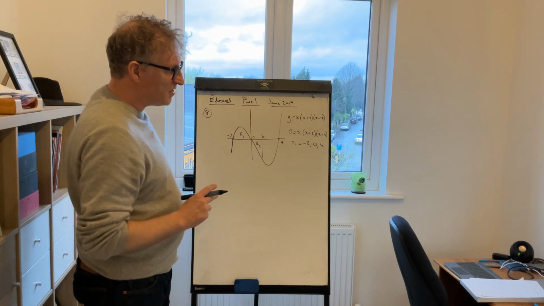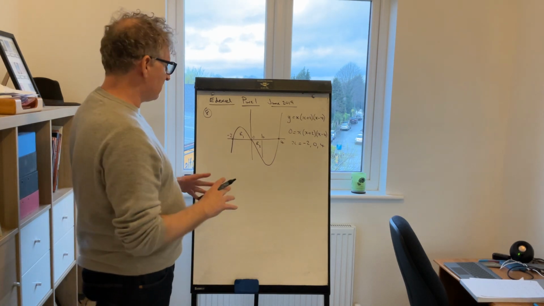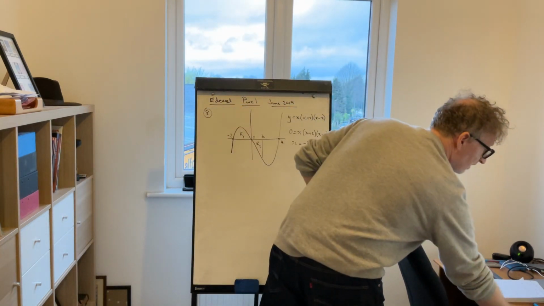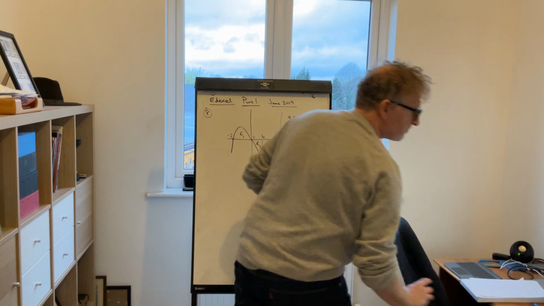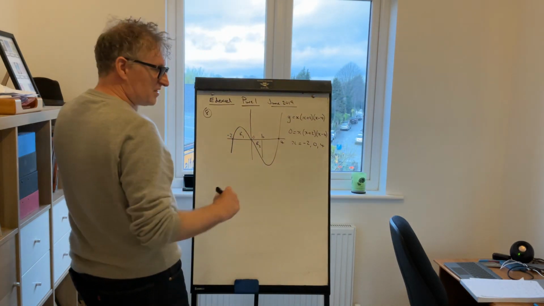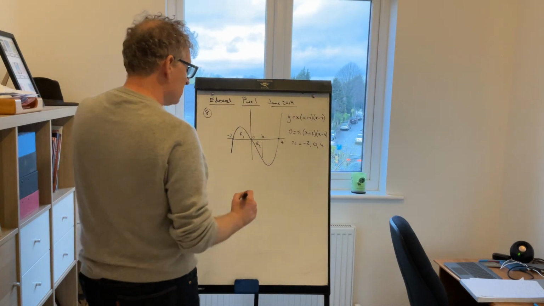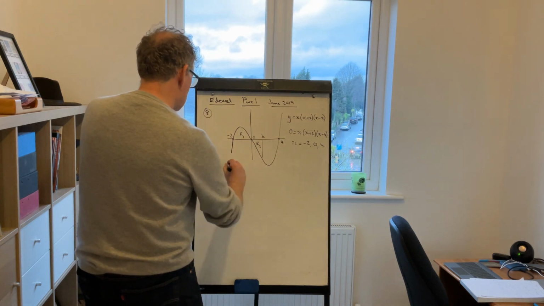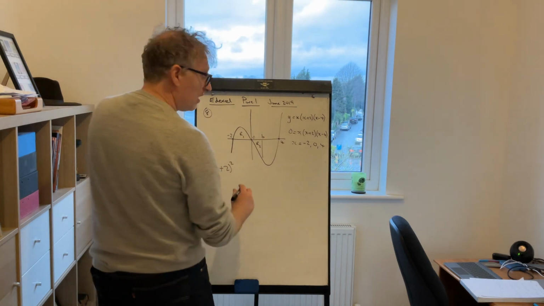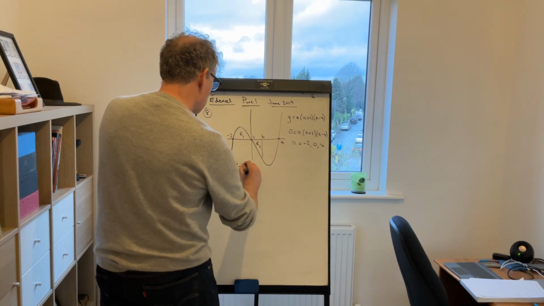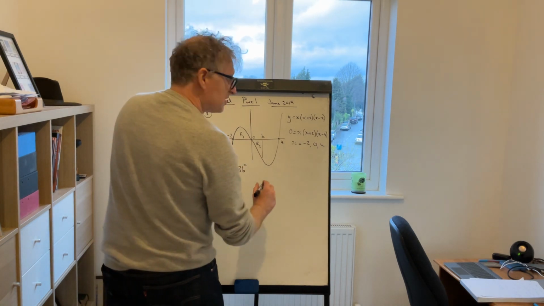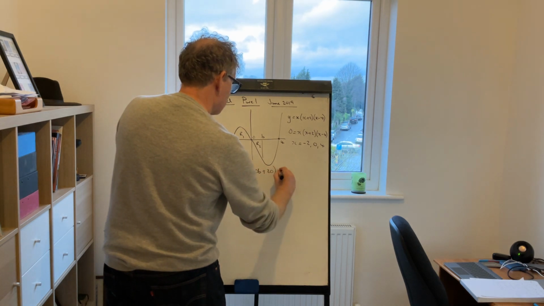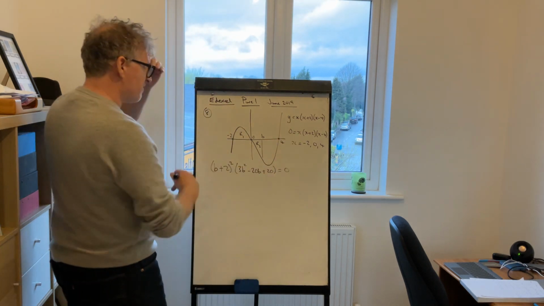So we need to firstly verify that b satisfies the equation they give us in the question. This is what we're trying to end up with: (b + 2) squared, (3b squared minus 20b plus 20) equals 0. That's what we're going to try and verify.